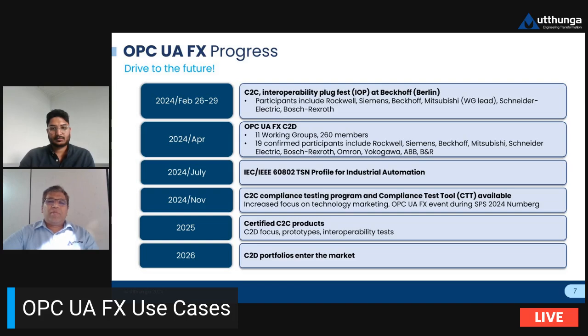Different participants from Rockwell, Siemens, Beckhoff, Mitsubishi, Schneider Electric, Bosch Rexroth, they all came to this plug fest with their own implementations of OPC UA FX controllers, and did the interoperability testing for controller to controller communications, and that itself was a really big milestone.